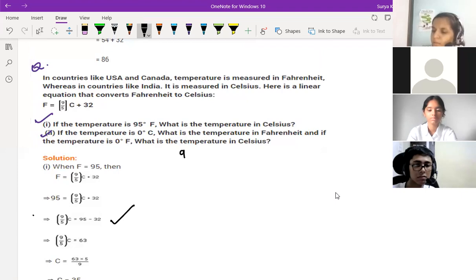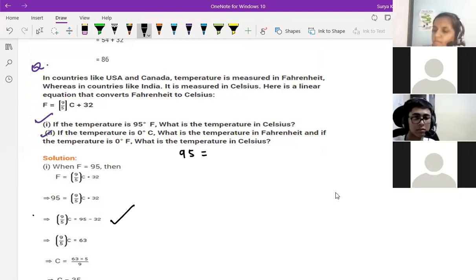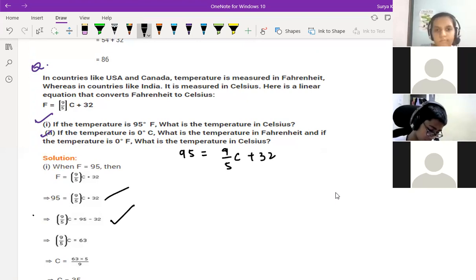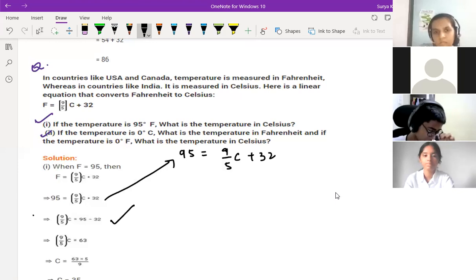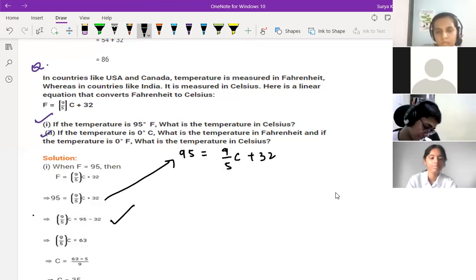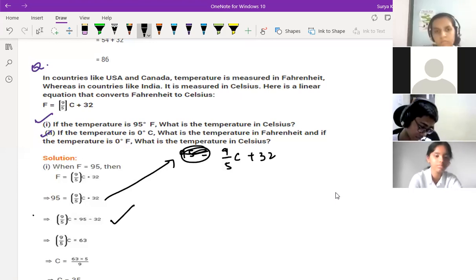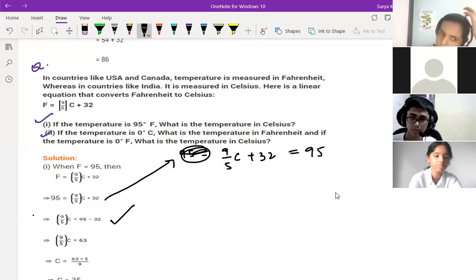See, it's like this, same thing I told before. Don't get confused here. See, 9 by 5 C plus 32, this is correct, and I'm writing the same as it is. Completely reverse it, no problem. Leave this one, you write here this equal to 95. If you are completely reversing your writing, the sign will not change.